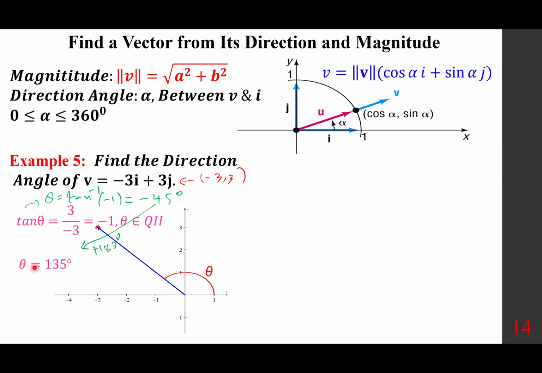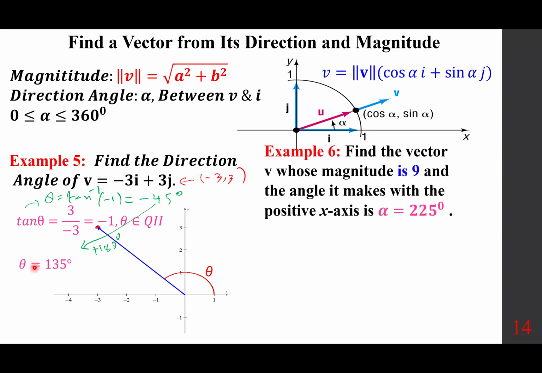Find the direction. Find the vector v whose magnitude is 9 and the angle it makes with the positive x-axis is 225 degrees. That means the direction is 225 degrees. The magnitude is 9, that's given. Alpha is 225 degrees.